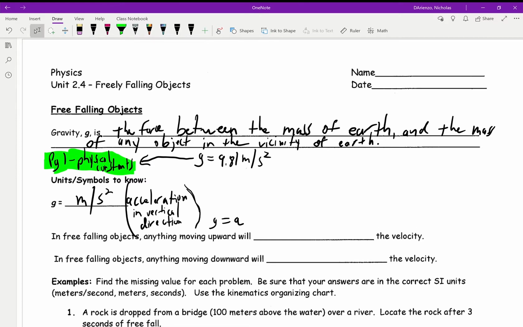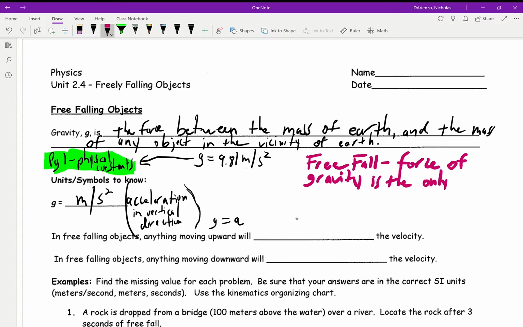Now, as far as gravity and acceleration and how they relate to free fall, we're going to want to kind of define what free fall means. Now, when we talk about free fall problems, when you come across any free fall problems, the force of gravity is the only force acting on the object.